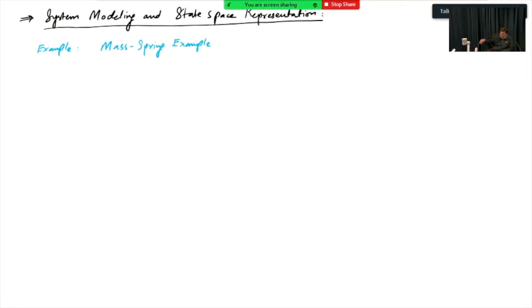Obviously, mass springs are part of a lot of different systems, a lot of different applications like suspensions and dampers and so many things.